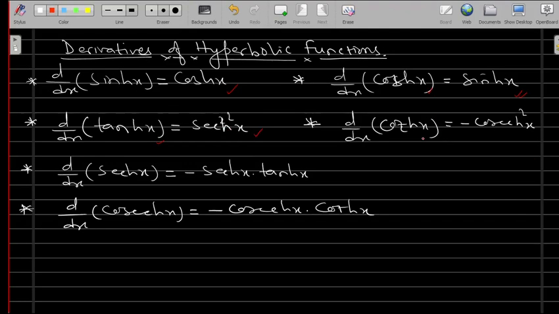Derivative of coth x is minus cosech square x, and similarly sech is minus sech x tanh x. Similarly, cosech is minus cosech x coth x. So you have to remember this formula. You need to check once.